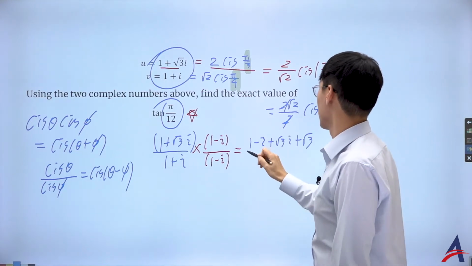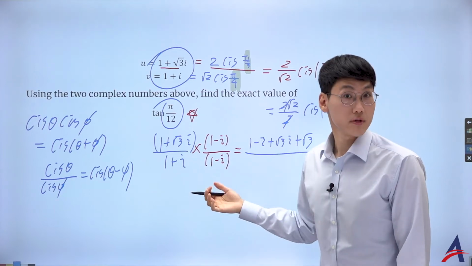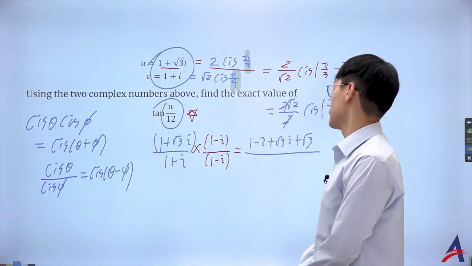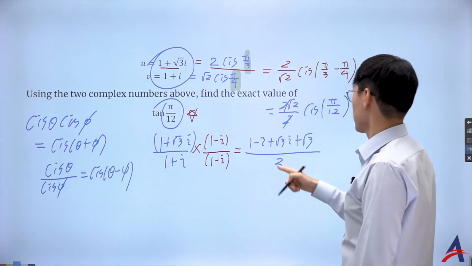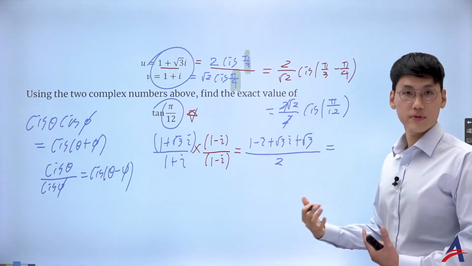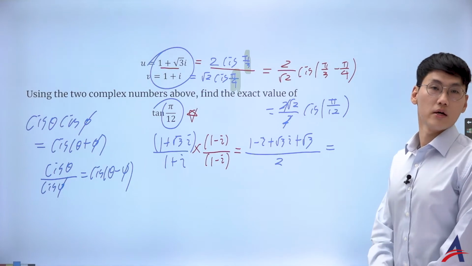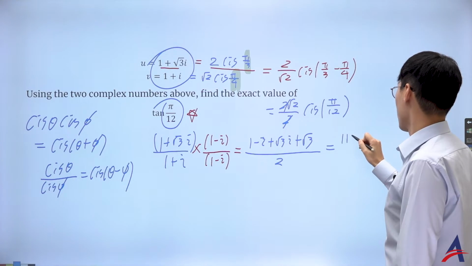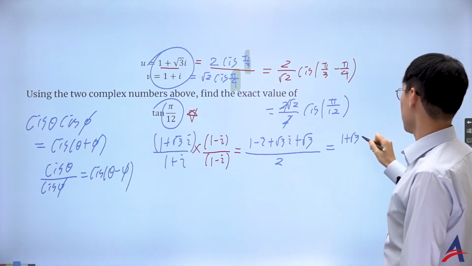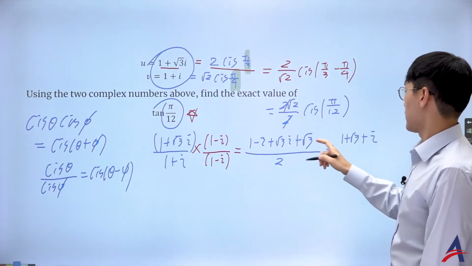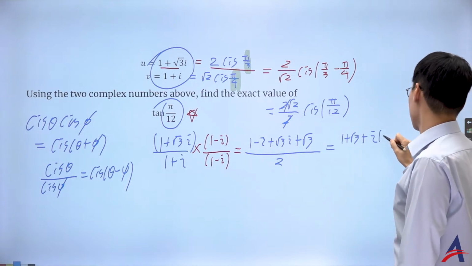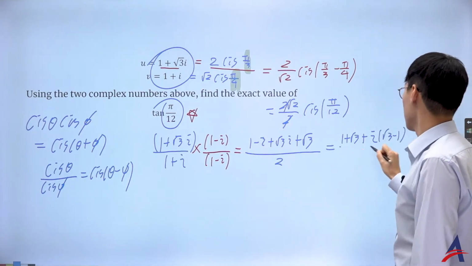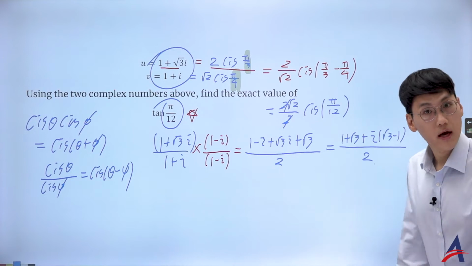Over the modulus squared, so it's going to be 2. So for the complex number, please get accustomed to separate by the real and imaginary parts. So that's going to be 1 plus root 3, and then I'm going to factorize by i, and it's going to be root 3 minus 1. Lovely. So that is what I've got. Okay.